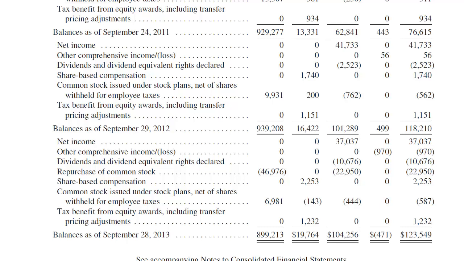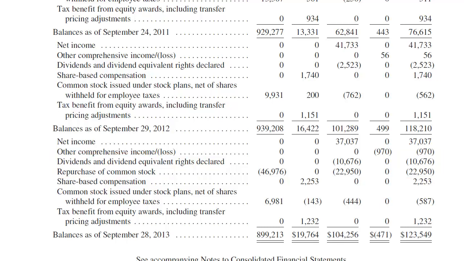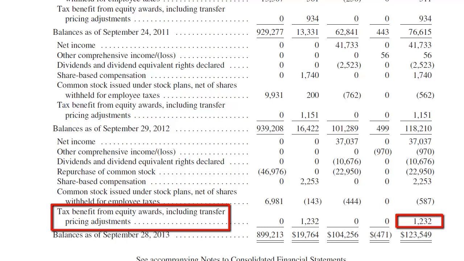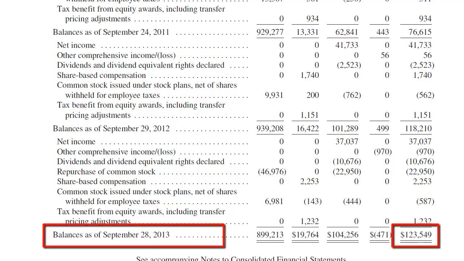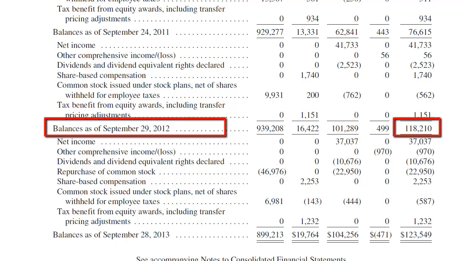We can see that net income increased shareholders' equity by about $37 billion, and other comprehensive loss decreased equity by about $970 million. Other components such as dividends and repurchase of common stock also decreased the shareholders' equity, and tax benefit increased shareholders' equity. The ending balance as of September 28, 2013 was about $123.5 billion, which is an increase from the beginning amount.